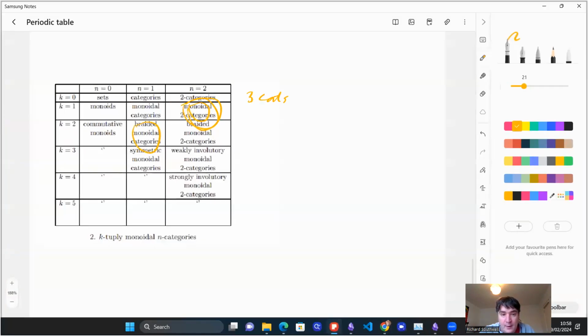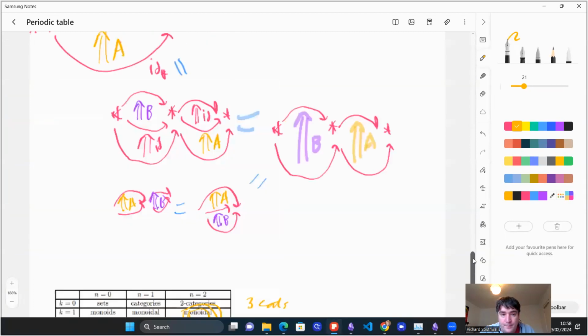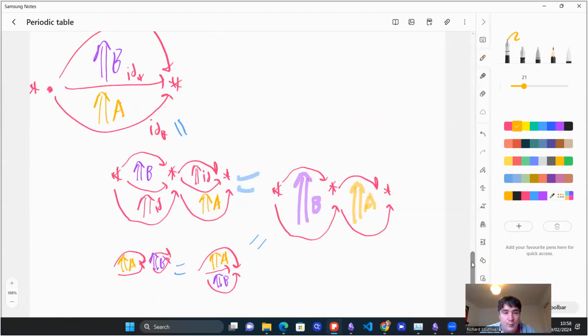So if we go here, this was what our old interchange law looked like for commutative monoids.